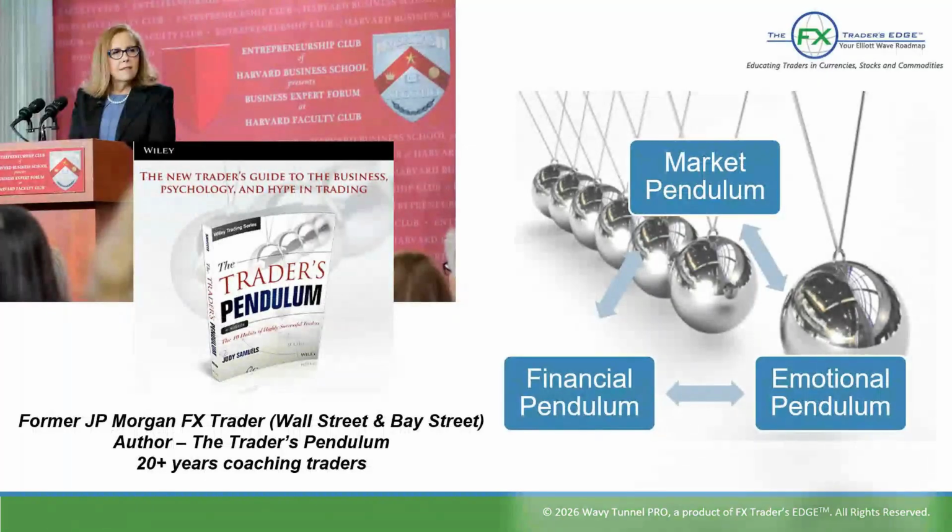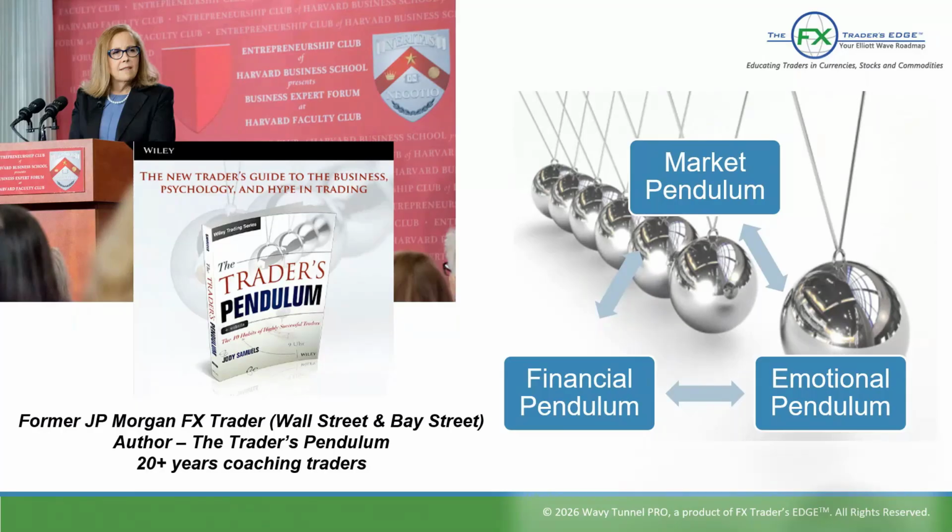Over the years, I've come to believe that markets move very much like a pendulum. In my book, The Trader's Pendulum, I describe three forces of market behavior. The first is the market pendulum, which represents price structure and cycles. The second is the financial pendulum, which governs capital, risk, and reward.